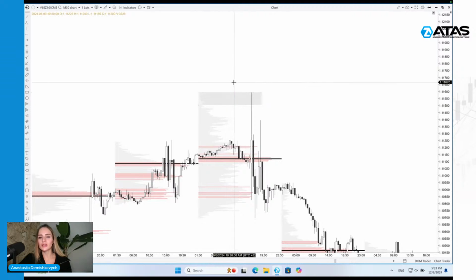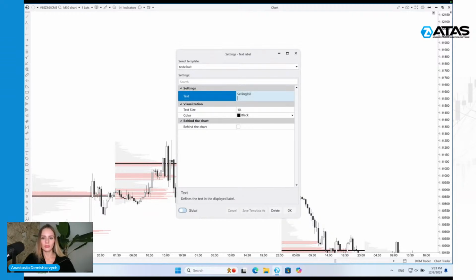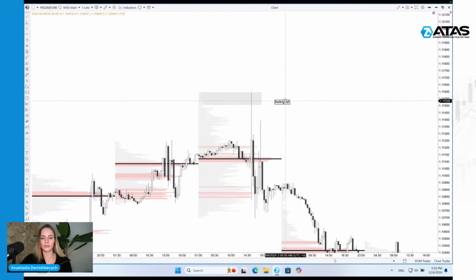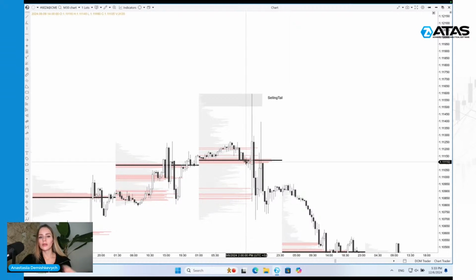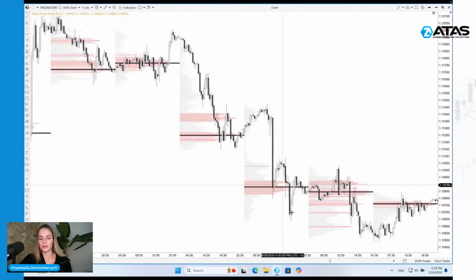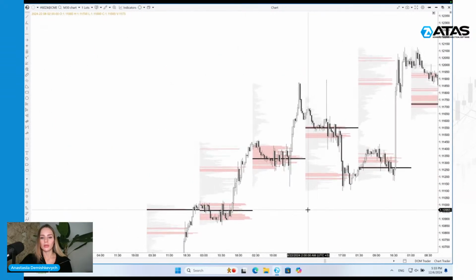And if the wick tail is formed on the top of the volume profile, it's called the selling tail. Okay, the selling tail. I'm going to type it right here. Selling tail. Now, if the same situation happened on the bottom, we would call it the buying tail, because the wick tail in that specific situation would be the buying one.